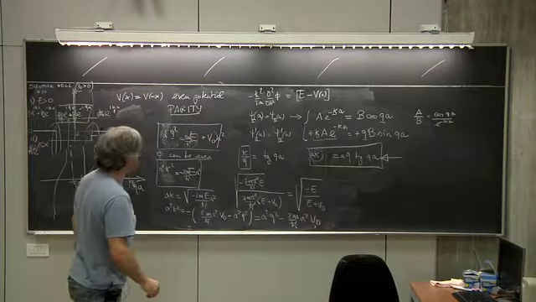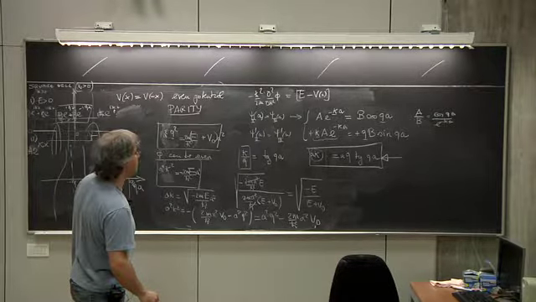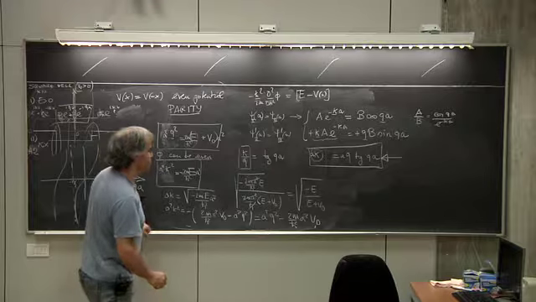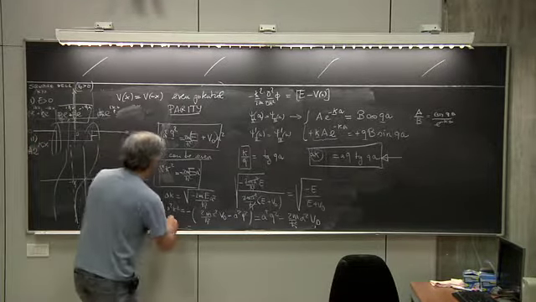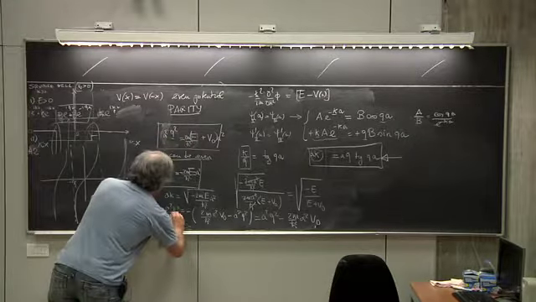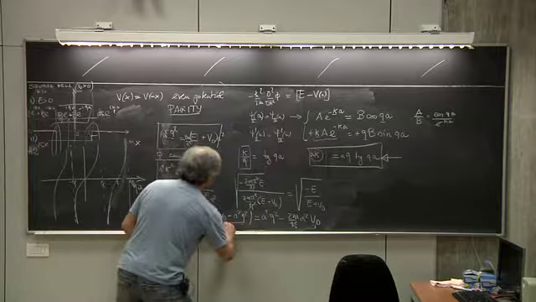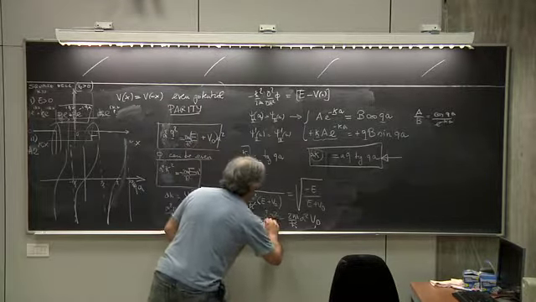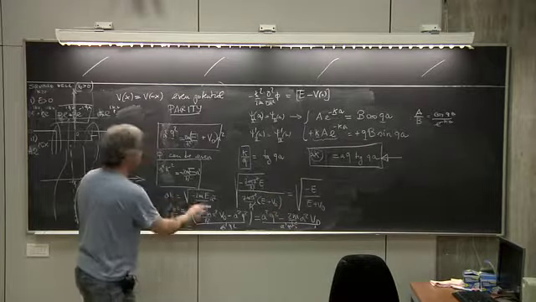We are on the right track, because now I can divide here by q square, or a square q square. So I take here a square q square, and here a square q square. And I can now take the square root.